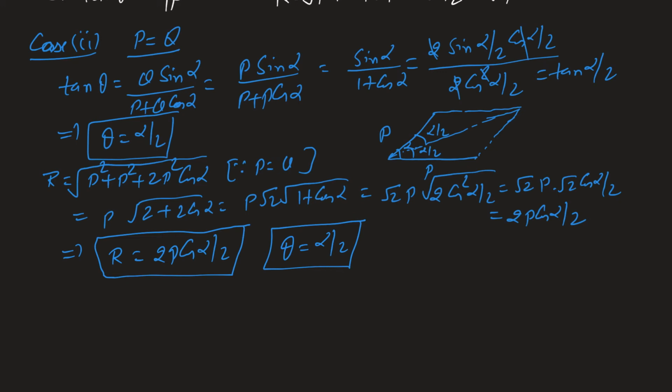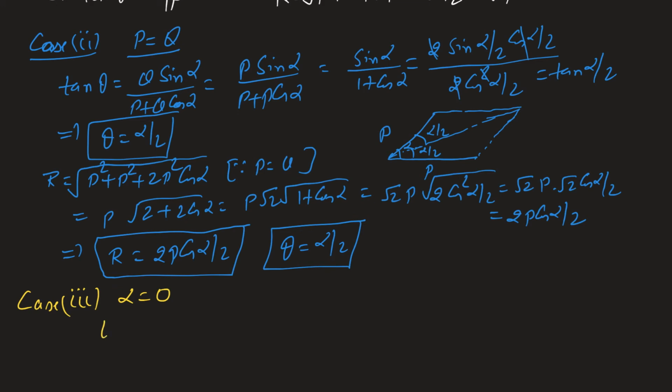Now case number 3, when alpha is 0, both forces are parallel to each other. So in this case we will be finding tan theta.